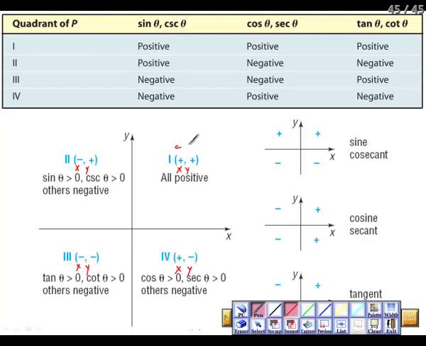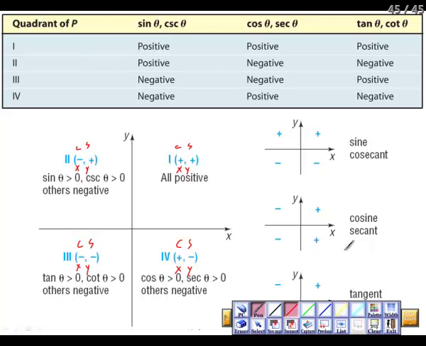So we could say that cosine is negative in quadrant 2, and sine is positive, and so on.